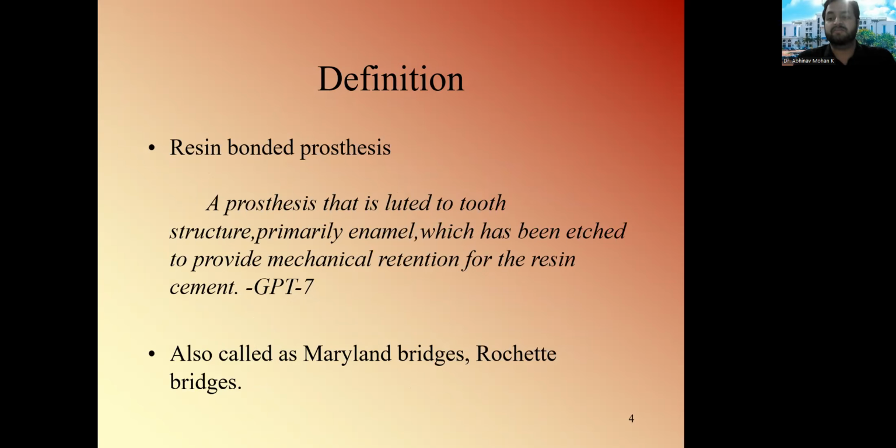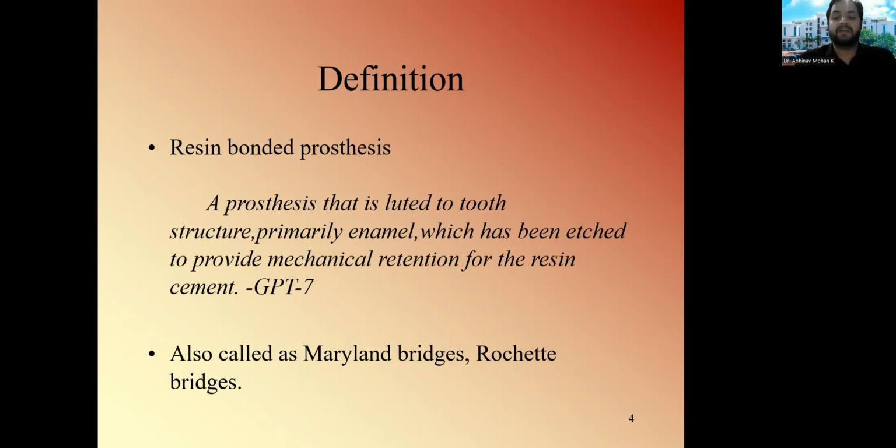So how is it done? We make use of the enamel, which is etched using phosphoric acid. Once the etching is done, the prosthesis can be bonded onto that particular tooth or abutment using various luting cements, of which the most universally accepted and used is resin cement, which gives you the maximum flexural strength for the prosthesis.